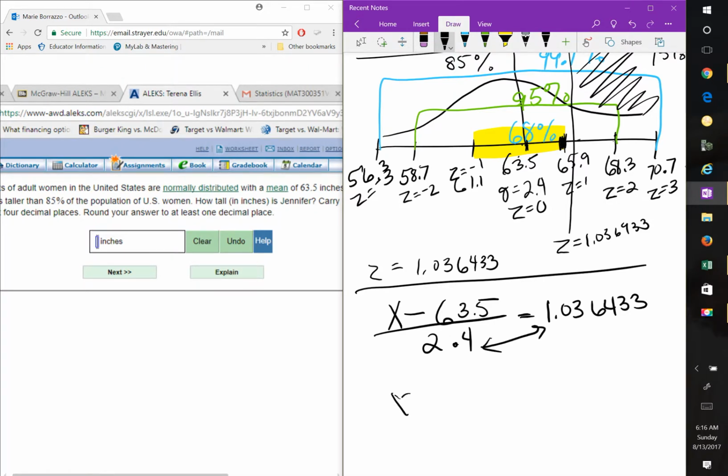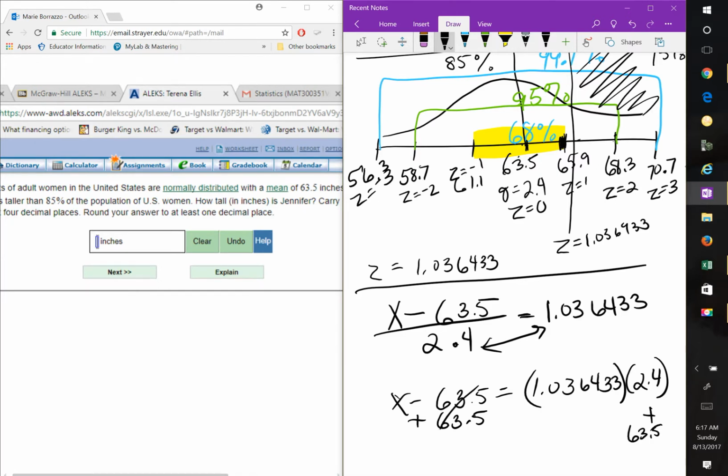So we end up with x minus 63.5 equals 1.036433 times 2.4. And the last step, we're going to add 63.5 to this value.